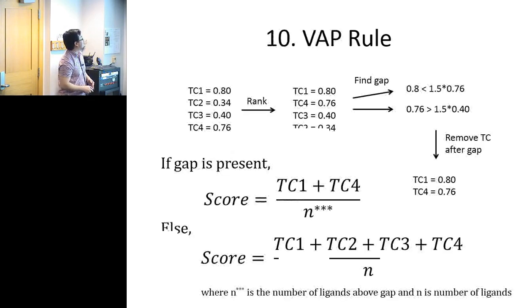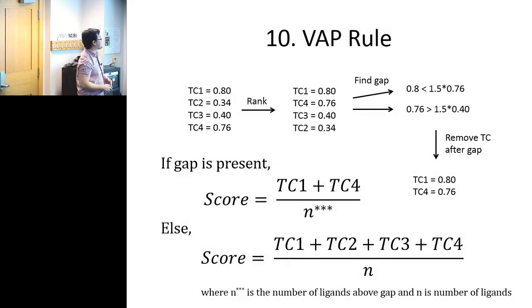And so the VAP rule is one of the more interesting rules here. What happens here is you rank all your TC scores that you calculated from your ligand profile, highest to lowest. And the whole point of this rule is to try to find a gap between two TC scores. How we calculate this is you take one of those times 1.5, and you see whether it's greater or less than the one above it, essentially, right?